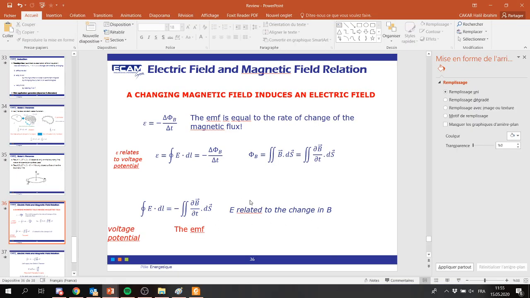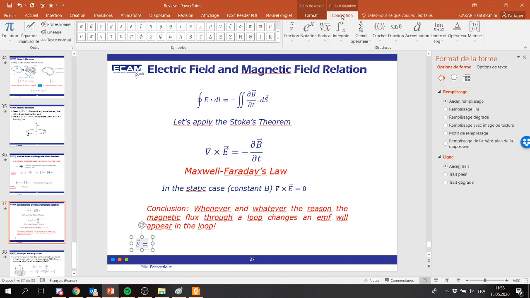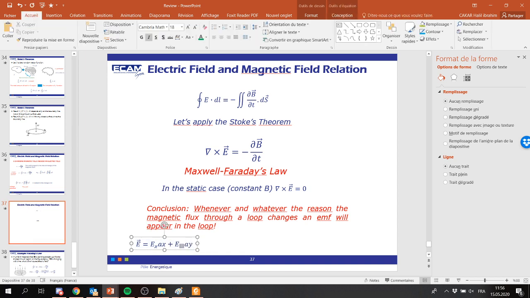Okay, how to use the del operator in this case? For instance, for an electrical field we have EX AX plus EY AY plus EZ AZ. Think again about the water flow, please.